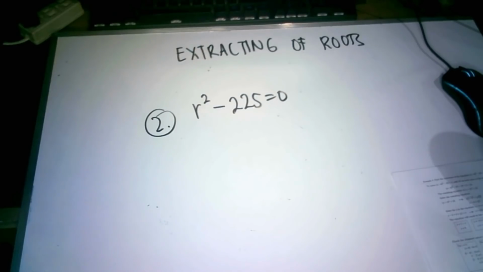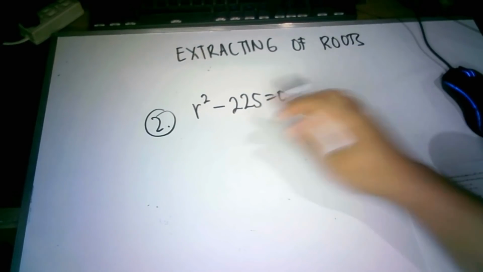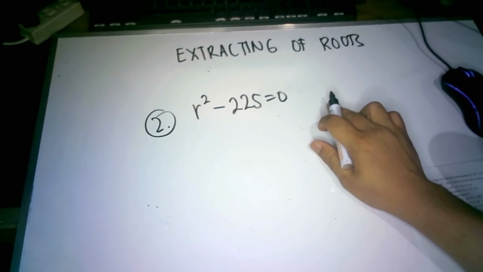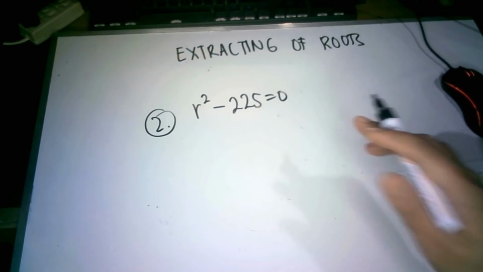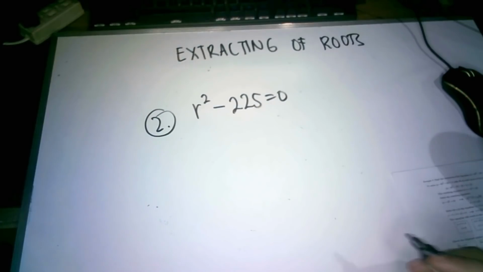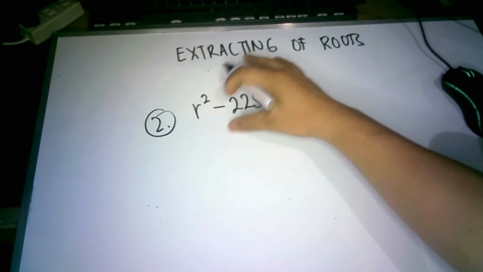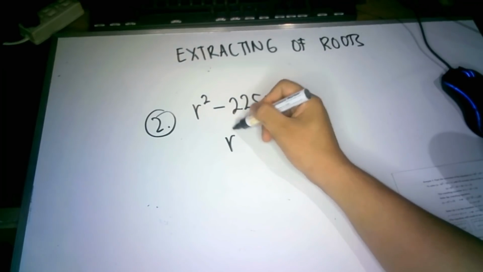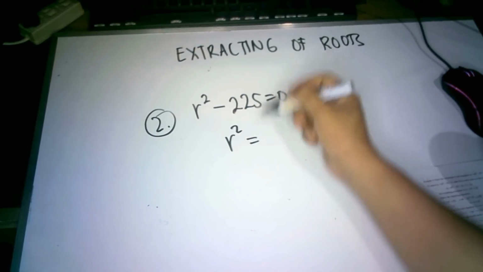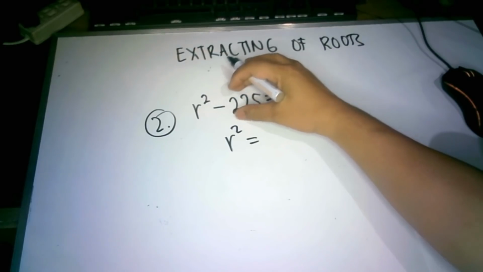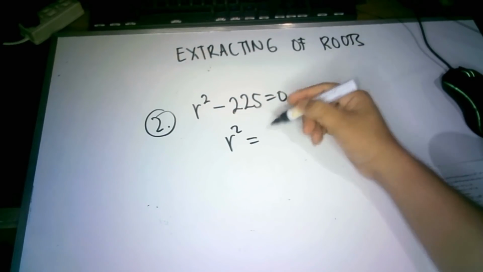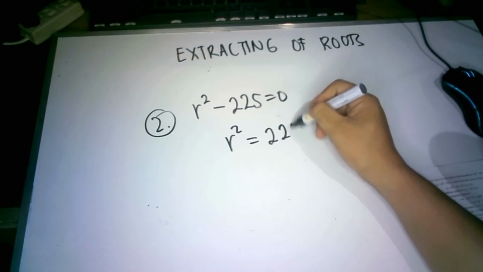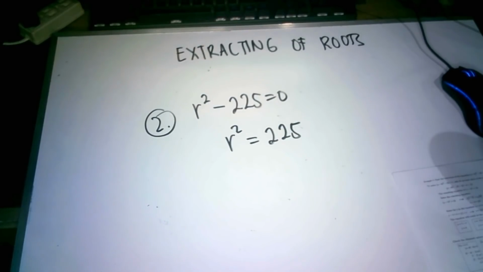So, ang gagawin mo lang dyan is, the first step is, dapat ilipat si 225 dito sa kabila para ma-apply mo yung radical sign na square root. So, paano yan? You are just going to transfer it here. So, ang maiiwan dito sa kabila is r squared equals, since nilipat mo si 225 dito sa kabila, magiging positive 225.